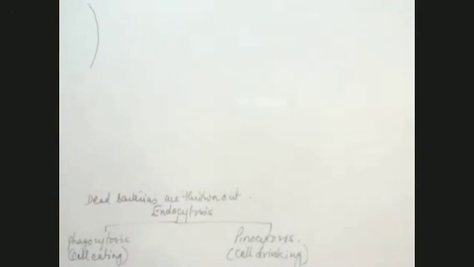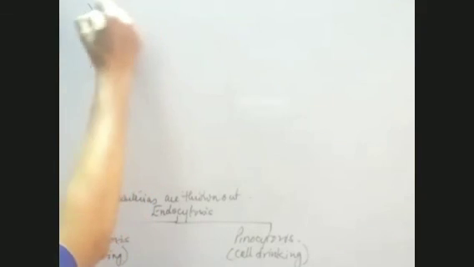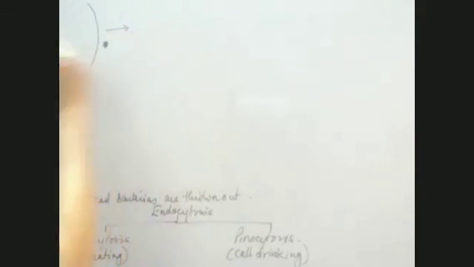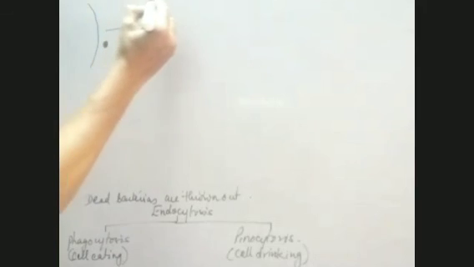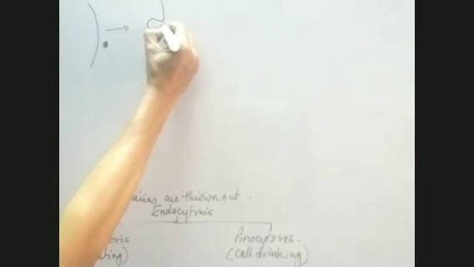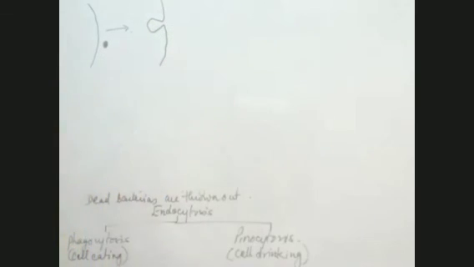This is a cell. This is the plasma membrane of a cell. Now, if it has to eat something, a solid material which the cell needs, what changes take place in the plasma membrane? In the plasma membrane, an invagination is formed. So there is a change in shape of the plasma membrane because an invagination has been formed, and for this purpose the energy is utilized.